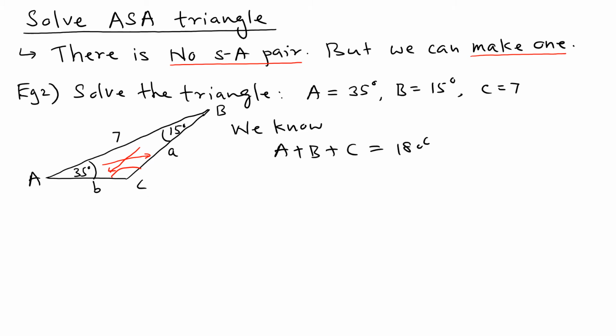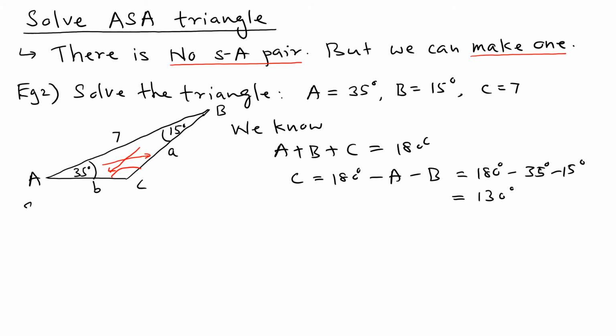From that we can find the missing angle. So C equals 180 minus A minus B. If you plug in, 180 minus 35 minus 15, this is going to give you 130. So that means angle C is 130.